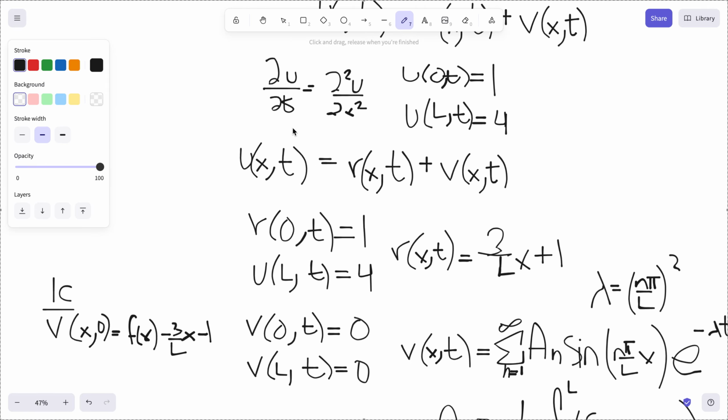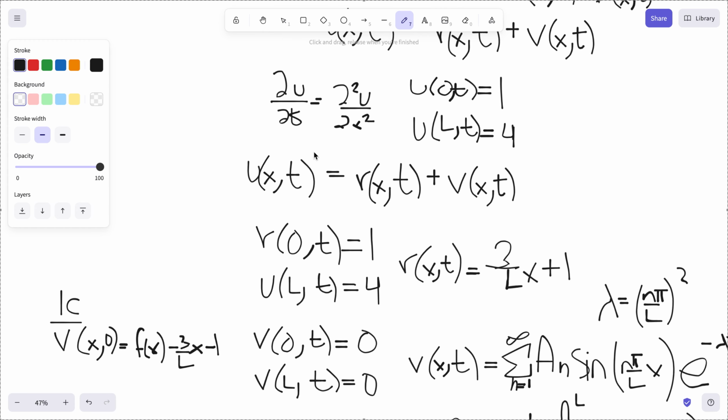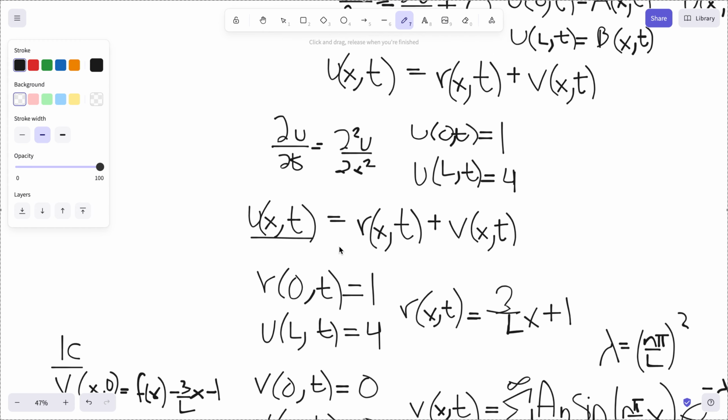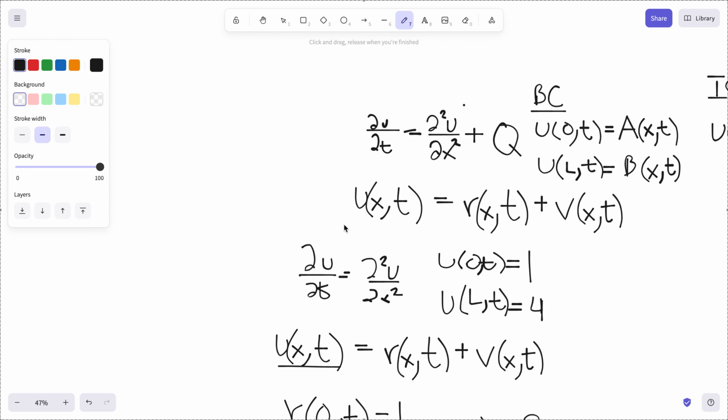And then we can just sum v of x comma t with r of x comma t to get our u of x comma t. And so this is the simplest case where we have a homogeneous partial differential equation and inhomogeneous boundary conditions. And you can make these boundary conditions more complex, for example taking u prime. Just as long as r has the same boundary conditions as u, this method will work.